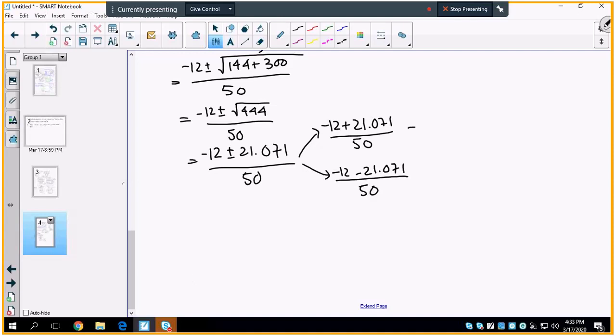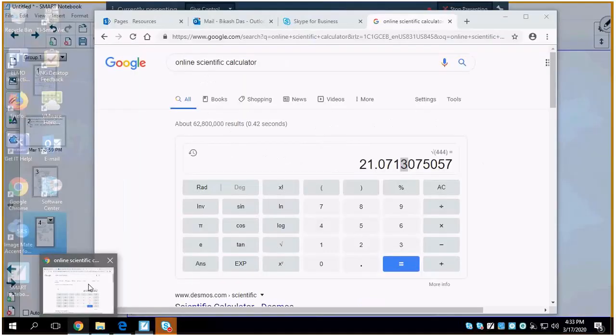So the first one, when I do negative 12 plus 21.071, I am going to get 9.071 over 50. And the second one, you will get minus 33.071 over 50. Now I will do the same thing, 9.071, I will divide it by 50 and round it to 3 decimal places. So let's try to do that.